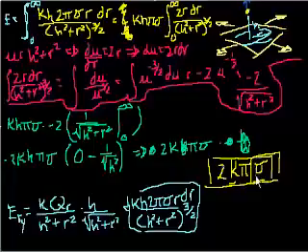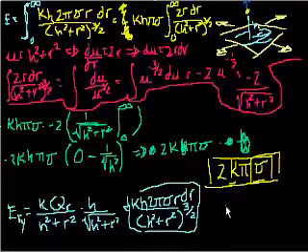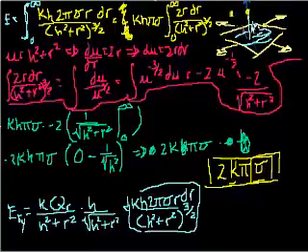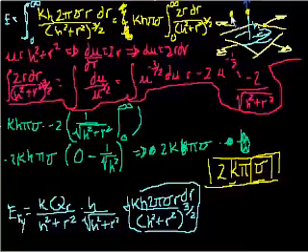So hopefully you found that reasonably satisfying, and the big thing that we learned here is that if I have an infinite uniformly charged plate, and I put some distance h above that plate, it doesn't matter what that h is. I could be here, I could be here, I could be here. At all of those points, the field has the exact same strength, or the net electrostatic force on a test charge at those points has the exact same strength. And that's kind of a neat thing.